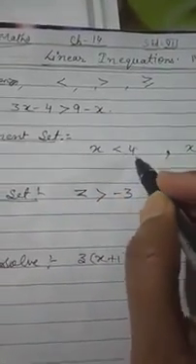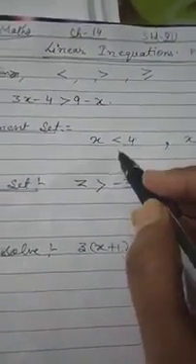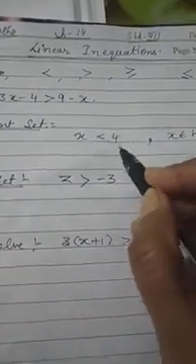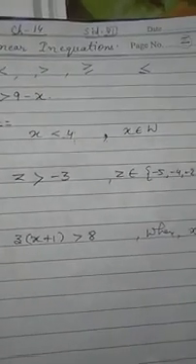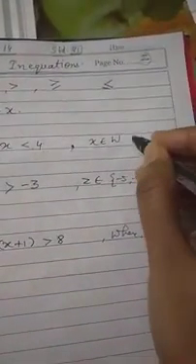Not understood? Take one example. Suppose this is an inequation: x is less than 4. Suppose x is less than 4 and x belongs to whole numbers. Whole numbers means 0, 1, 2, 3, 4, 5, 6, going up to infinity.